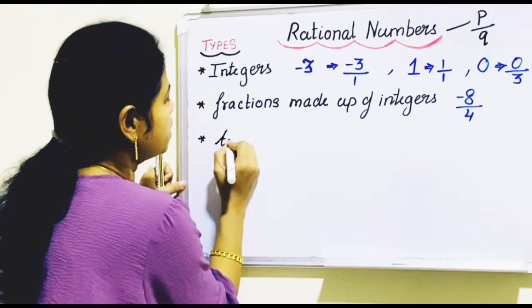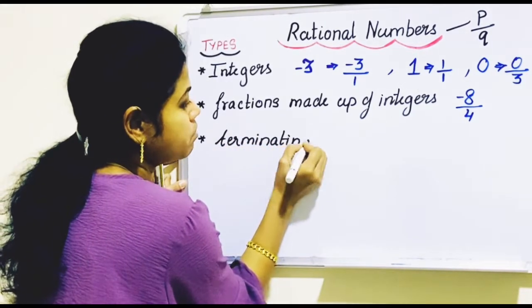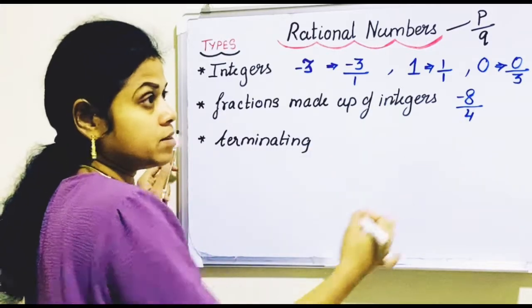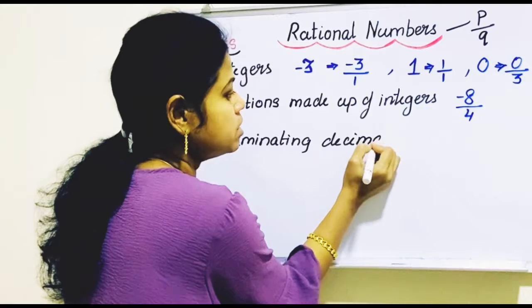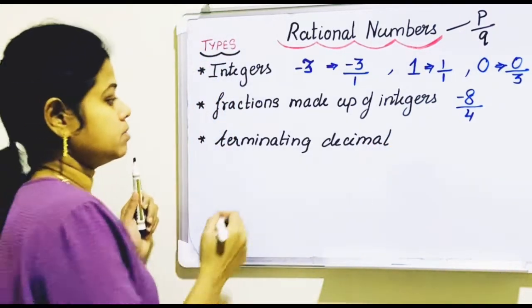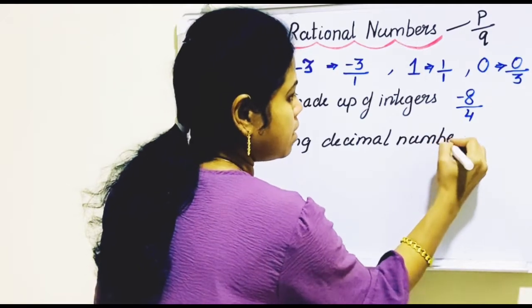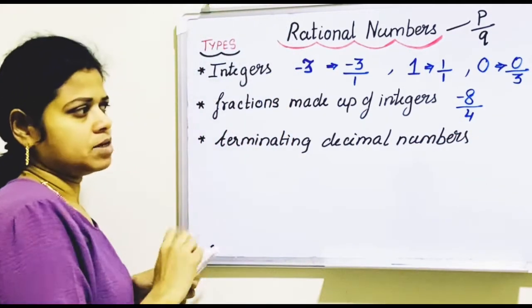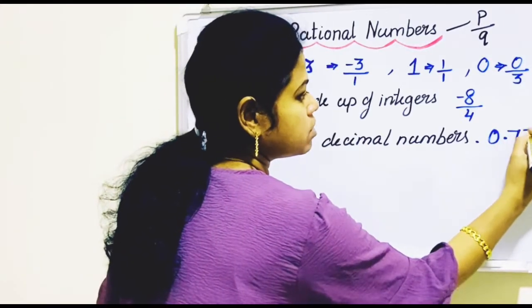The third type is terminating decimals. Rational numbers come in this form also, that is as a decimal number, and if it is a terminating decimal number, then it is a rational number. What are terminating decimal numbers? Like here, 0.75.